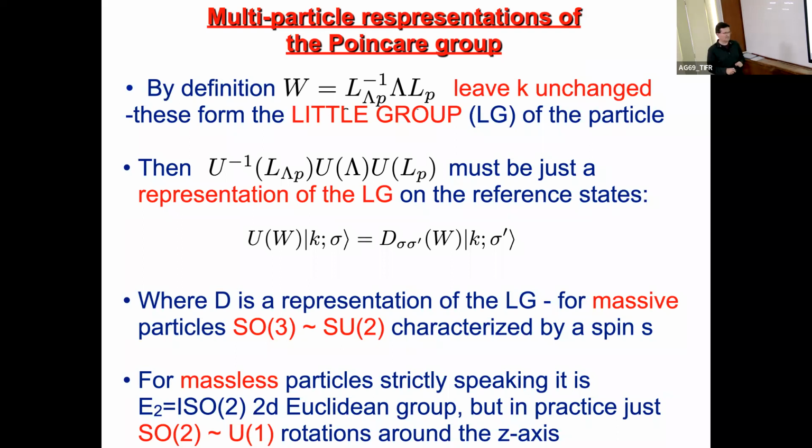If you look at the representations of this E2, that itself is something relatively complicated. But it turns out that a large set of those representations contains a continuous parameter, sort of a continuous generalization of spin.